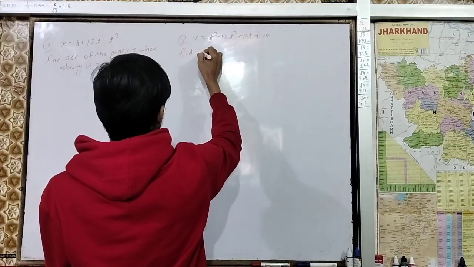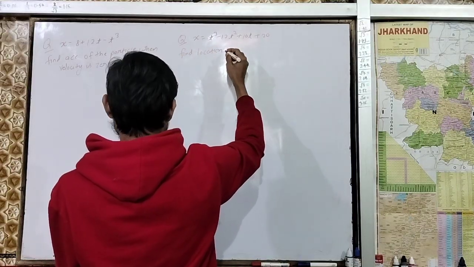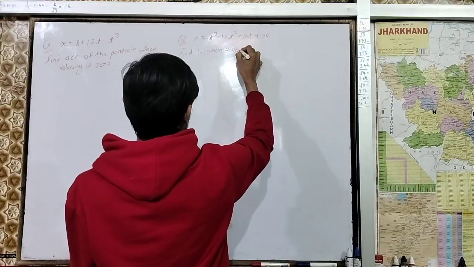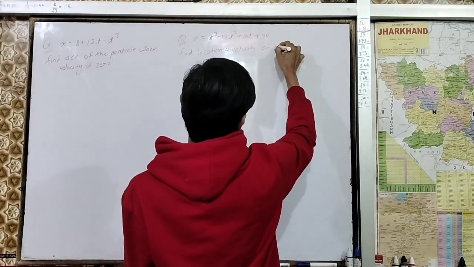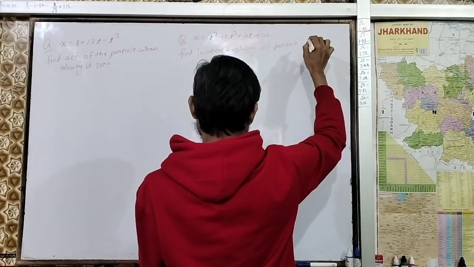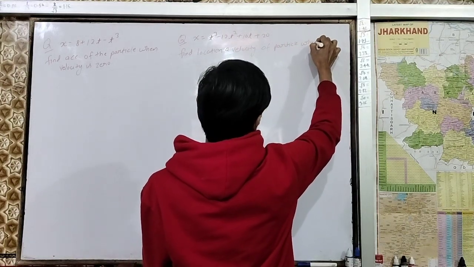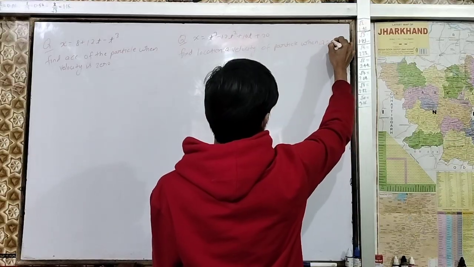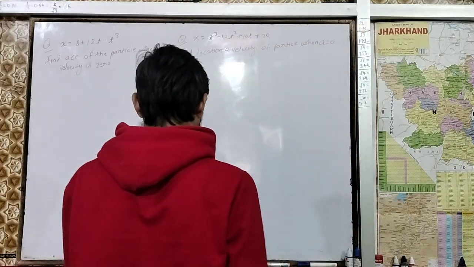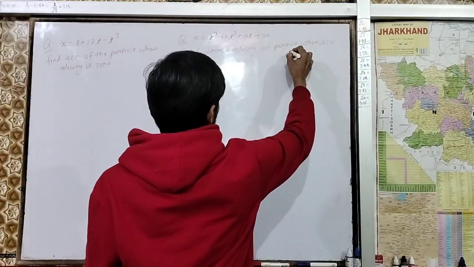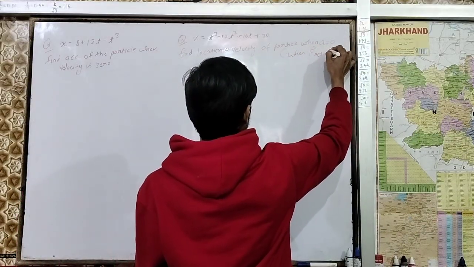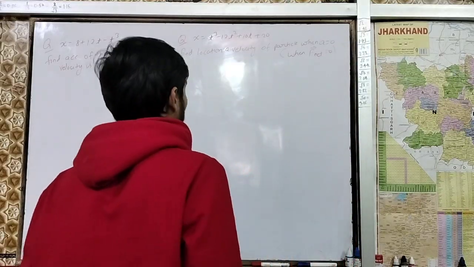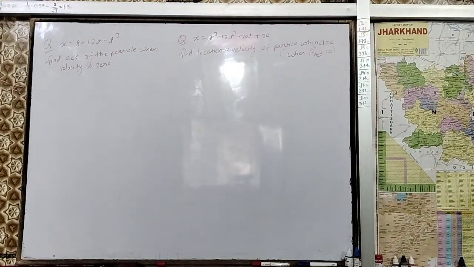Find the location and the velocity of a particle when a is 0. When a is 0 means when F net is 0. Try to get clarity from this question that I wrote.